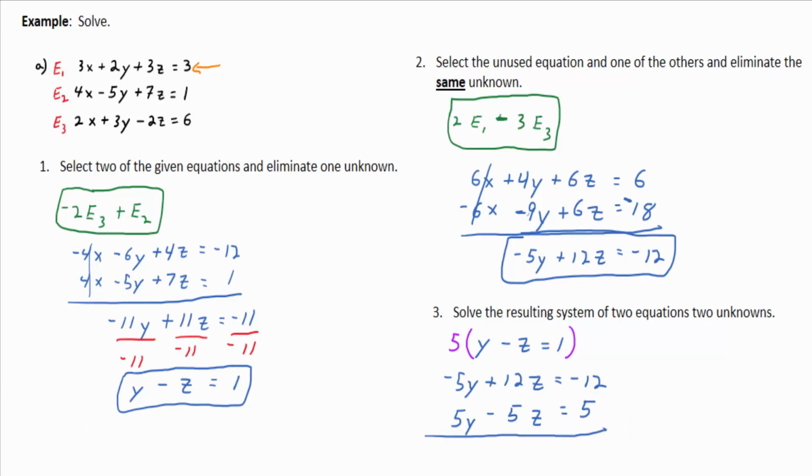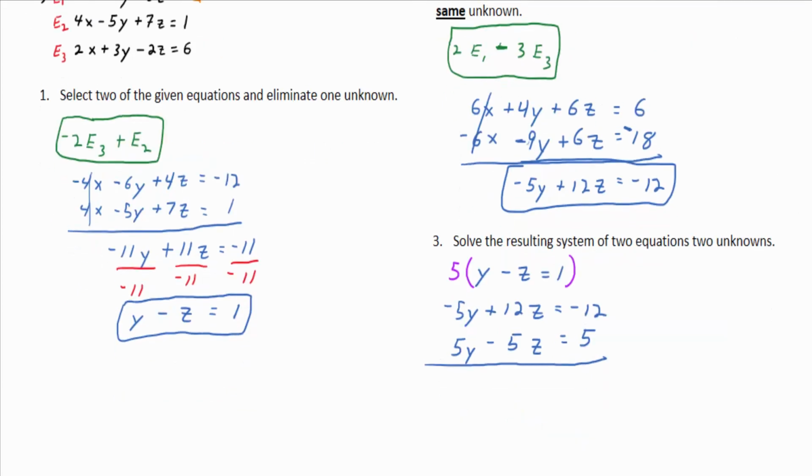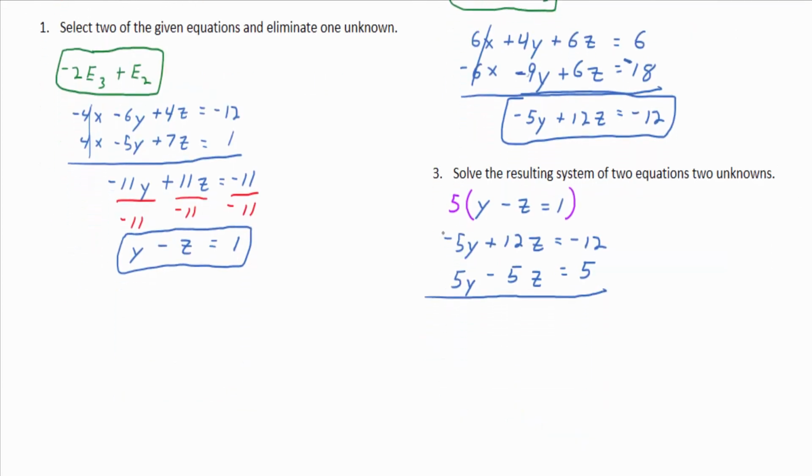Add them up. And we get 0y plus 7z equals negative 7. Divide both sides by 7, we get z equals -1.